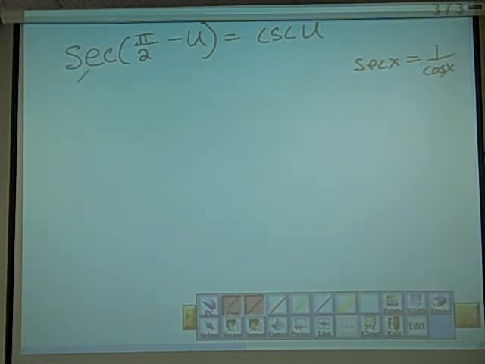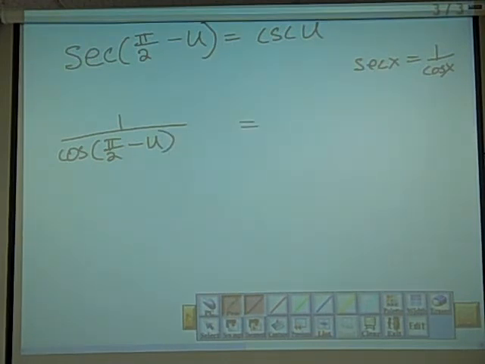So we're going to change this to 1 over the whole thing of cosine, parentheses, pi over 2 minus u.